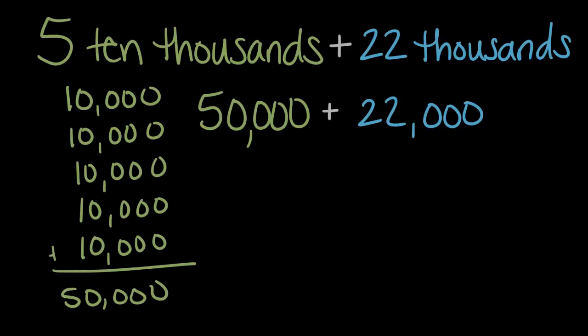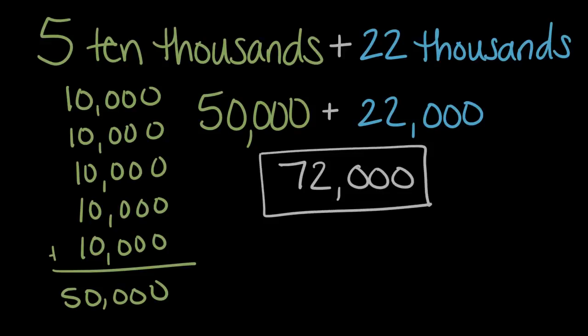And we could combine these numbers. 50,000 plus 22,000 will be a total of 72,000. So one way there, that first way we talked about, is to think about what 5 10,000s look like and what 22 thousands look like to get our numbers and then add them.